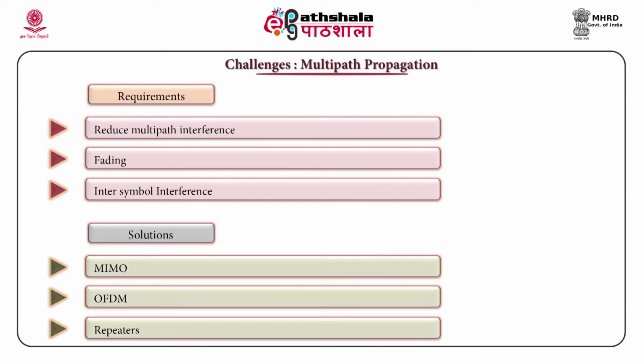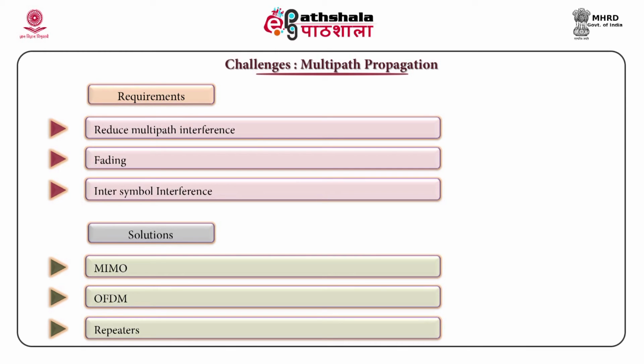Multiple input, multiple output and OFDM are the solutions to this effect. Multiple input and multiple output actually takes advantage of multipath propagation in providing additional capacity to the channel. OFDM signals can be made orthogonal to each other so that they do not interfere. It is used in 802.11n, Wi-Fi, LTE Advanced, WiMAX and many more technologies.